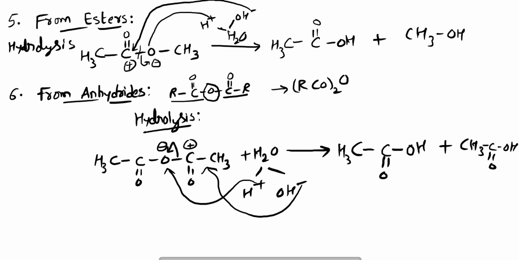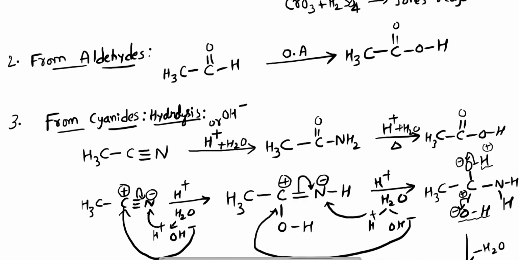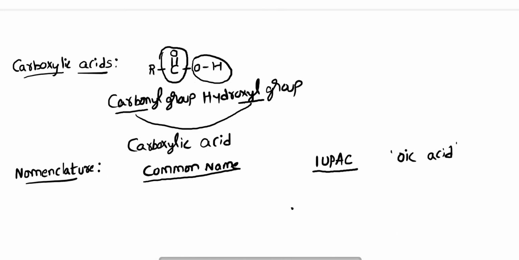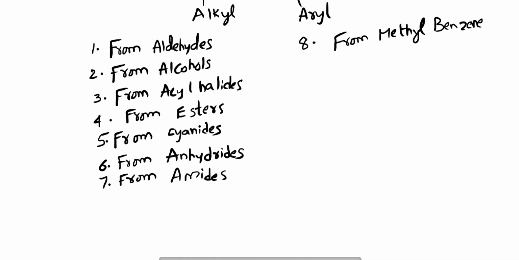Okay, I think it is clear till now. These are the functional groups we have taken till now: from aldehydes, from alcohols, from acyl halides, from esters, from cyanides, from anhydrides, from amides. We may have 7 functional groups, but the method of preparation is very simple.